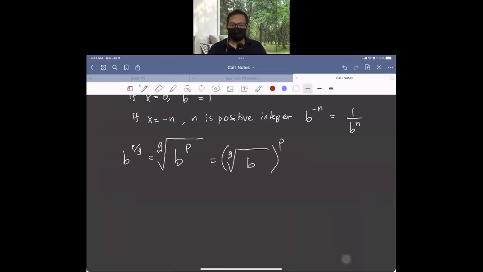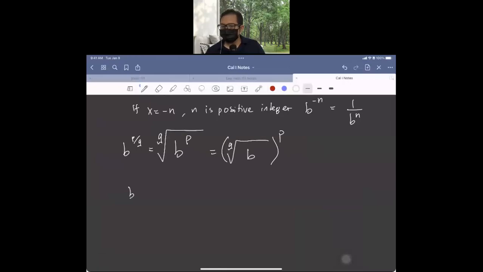So we can define, let me write that to the left, when b is positive and x is an irrational number.